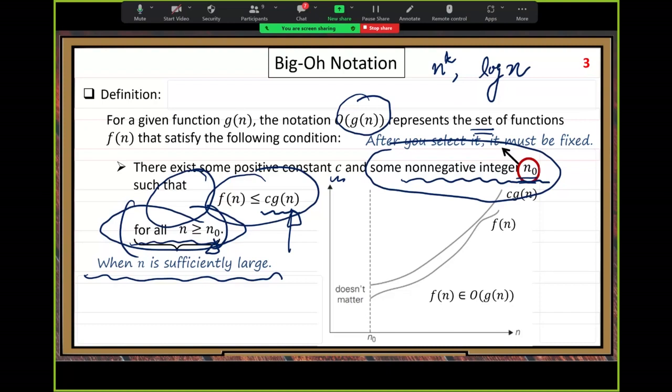Then look at the vertical dot-dashed line at position n0.